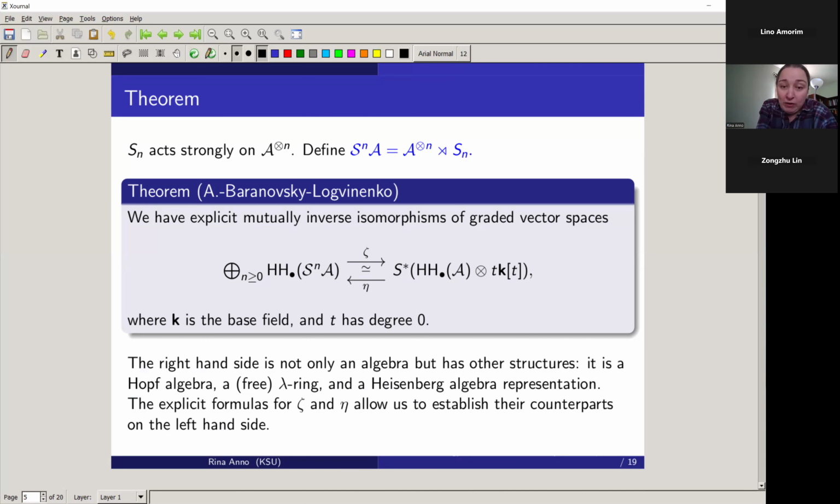So it's a Hopf algebra. Moreover, it is a free lambda ring generated by the Hochschild homology of A, and it is a Fock space for a Heisenberg algebra of the Hochschild homology of A. We can now find the counterparts of all these structures on the left-hand side. Let me explain how we prove it.